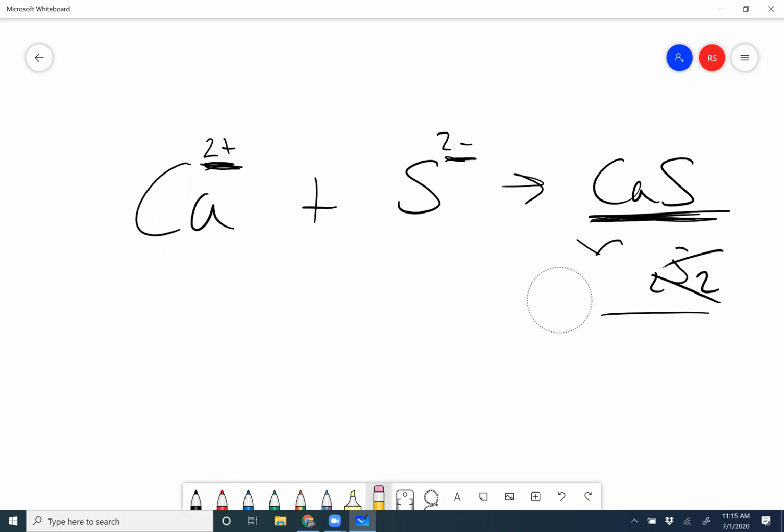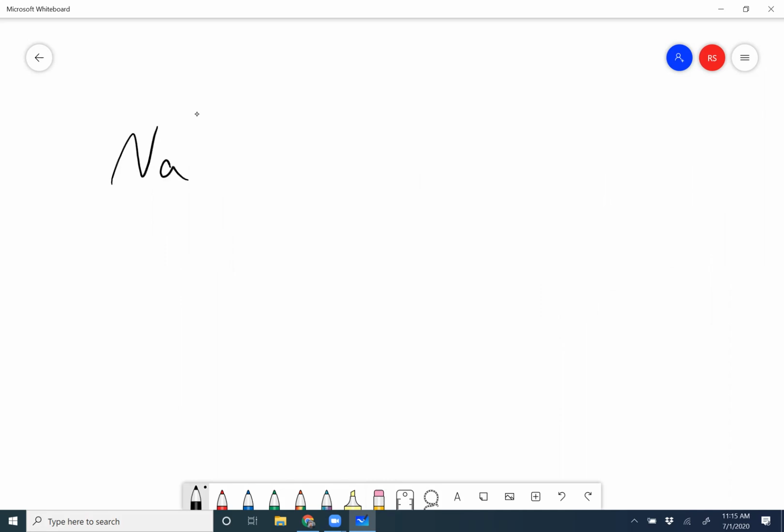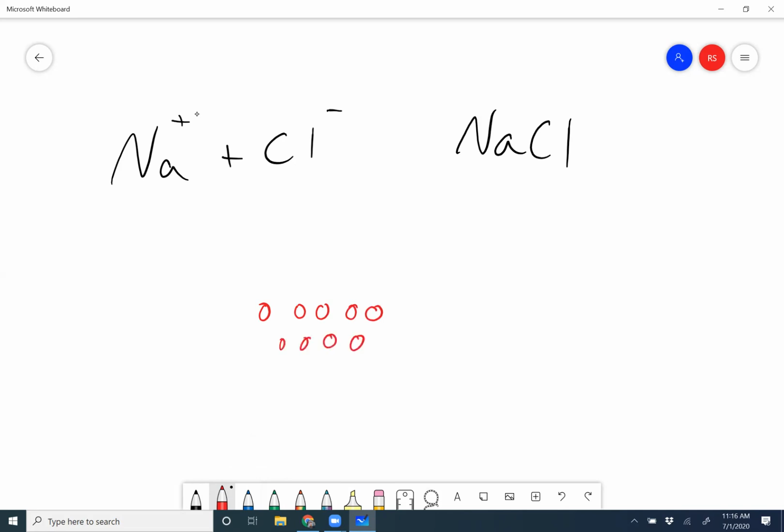In reality, that's not actually what happens. Magnets, as you guys know, don't just stick to one other magnet. So for instance, if we looked at sodium chloride, that makes NaCl. But if we were to actually look at sodium and chloride up close, the sodiums would be these little red circles and the green circles would be chlorines.